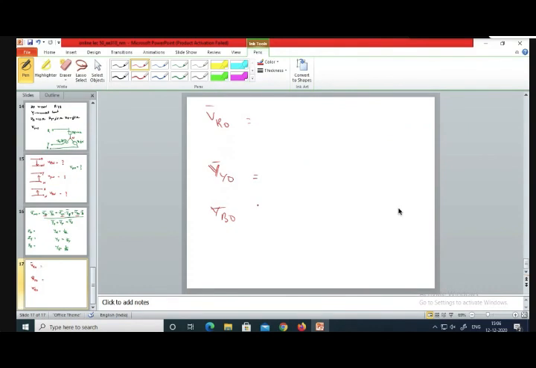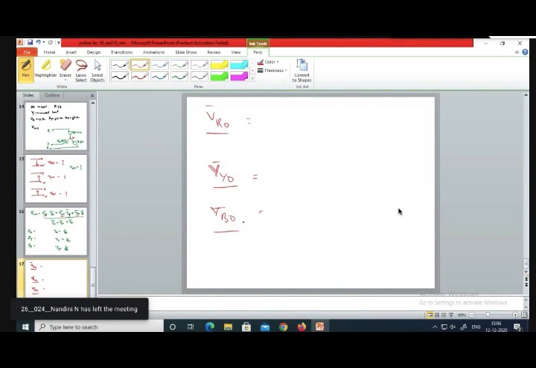VRO is the phase voltage on the supply side in phase R, VYO is the phase voltage on the supply side in phase Y, and VBO is the phase voltage on the supply side in phase B. So we have to find out these.